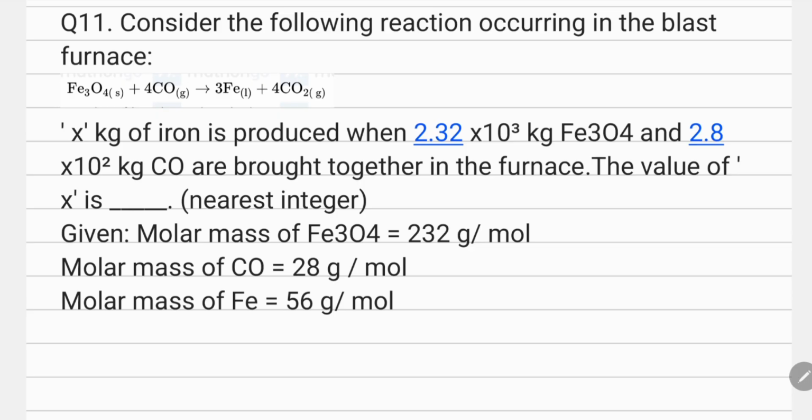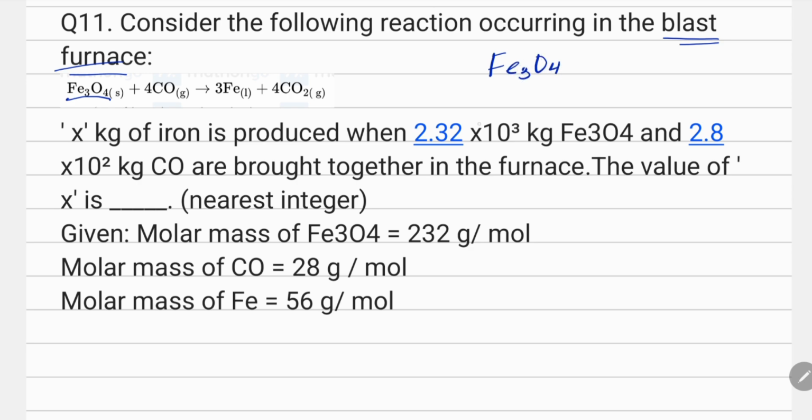This question states: consider the following reaction occurring in the blast furnace. So in the blast furnace, there is a reaction happening. There is Fe3O4, a double oxide, as we studied in class 10th also.